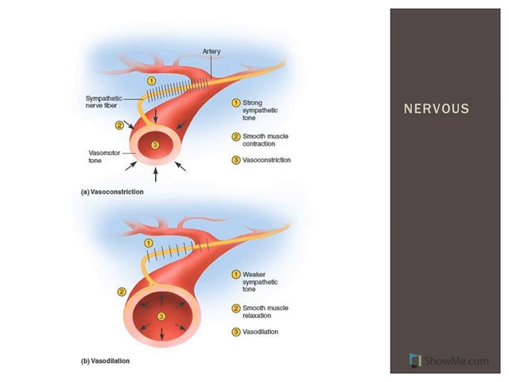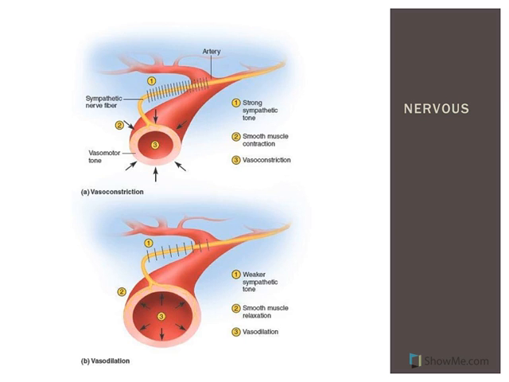So the nervous system, specifically the sympathetic division of the autonomic nervous system, will be responsible for changes in diameter of blood vessels. The parasympathetic division doesn't innervate blood vessels, or very little, if any, blood vessels are innervated by the parasympathetic division.